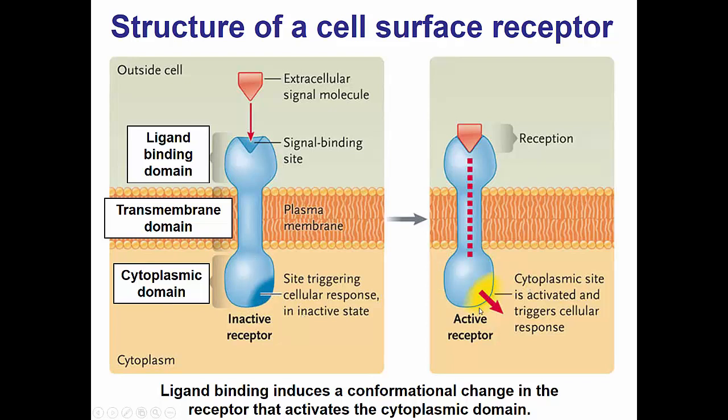So when the receptor becomes activated, it's going to change something in this cytoplasmic domain in order to trigger a cellular response. Many times this cytoplasmic domain acts as an enzyme, so that when the ligand binds, it changes the shape of the cytoplasmic domain, activating the enzyme that then in some way transmits this signal into the cytoplasm.